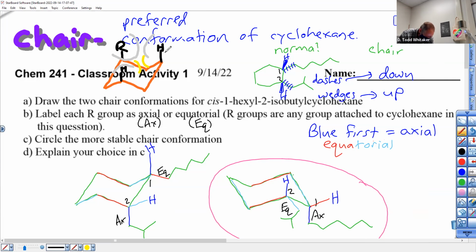So I'm going to label that up there as a 1,3 diaxial repulsion in gray and yellow. 1,3 diaxial repulsion is steric hindrance number 2. What was steric hindrance number 1?